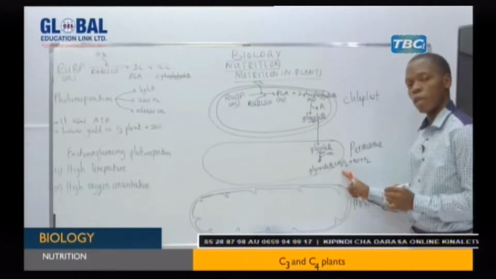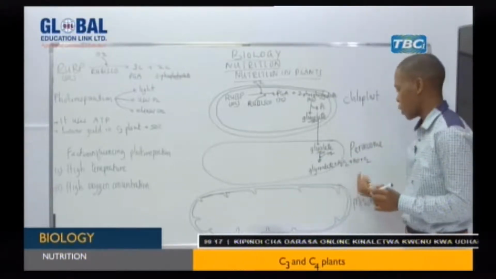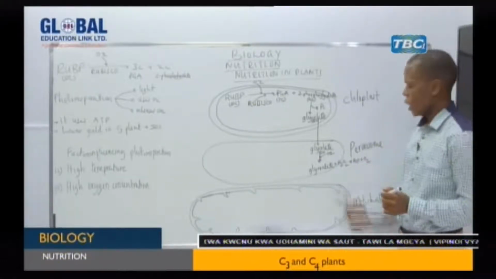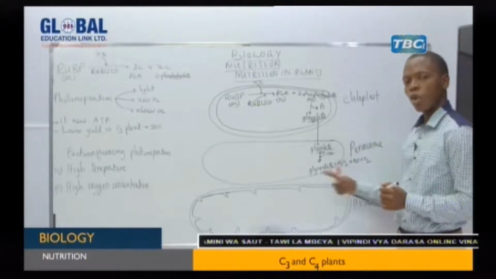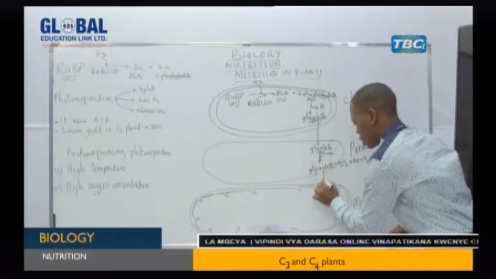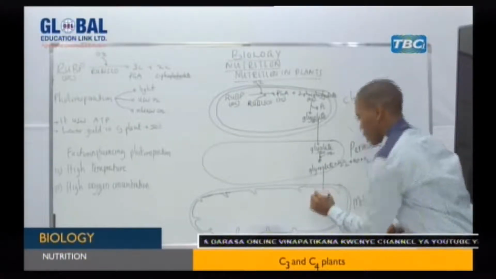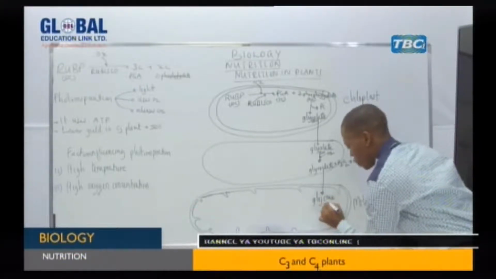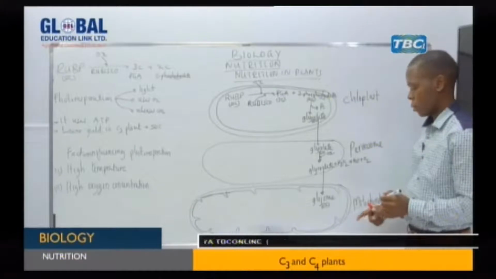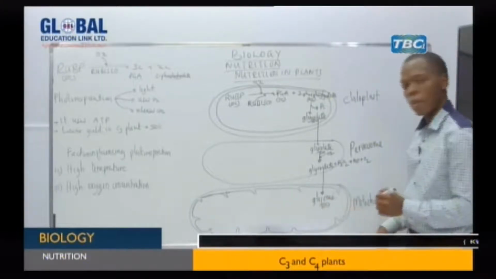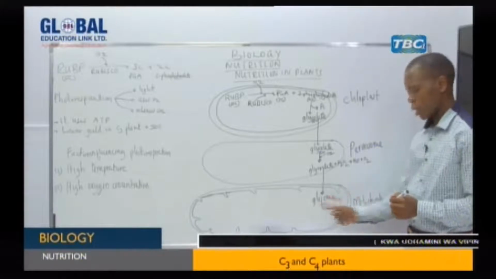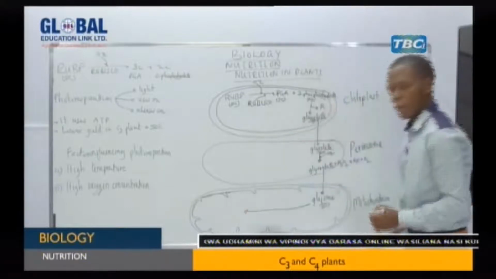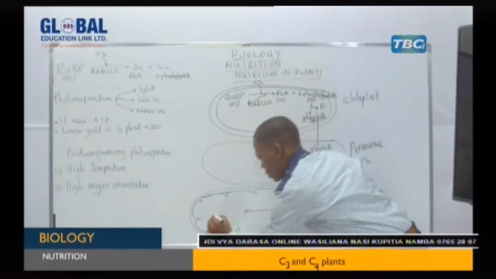Since hydrogen peroxide is very toxic, it must be converted into another product, which is water and oxygen. Again, this glyoxylate is converted into another compound known as glycine. Again, this is a 2 carbon compound, glycine. This glycine is in the mitochondria. This glycine in the mitochondria is again converted into another compound known as serine.